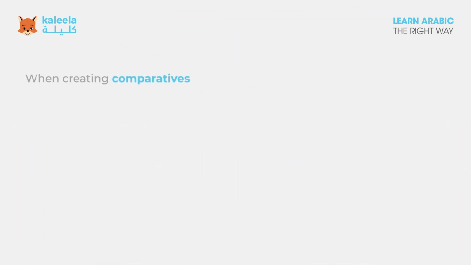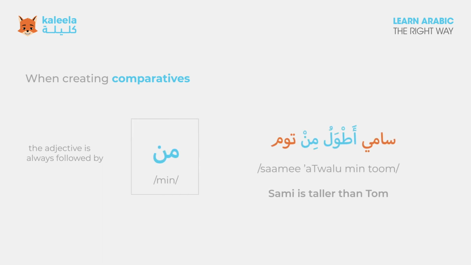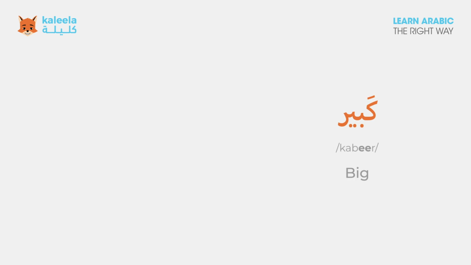When creating comparatives, the adjective is always followed by من, as in سامي أطول من توم. The pattern of how the comparative is made in Arabic is أفعل من. For instance, كبير means big.